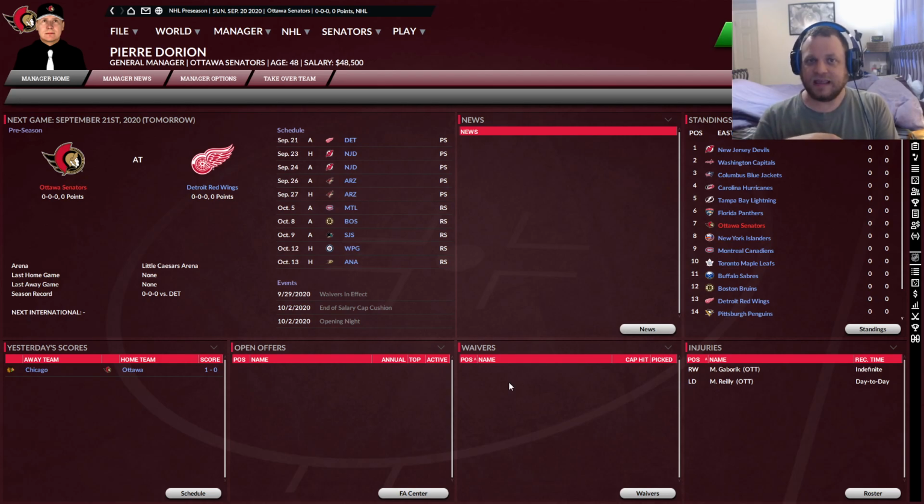I believe I gave the example of Boston acquiring Marty Turco about 20 years ago or something, maybe a little less. They made the trade for Marty Turco after the trade deadline because they had some problems with their goaltending, but Turco was not able to participate in the playoffs, so he was just there to help the team keep afloat until then. But technically, you should be making trades prior to the trade deadline, of course.